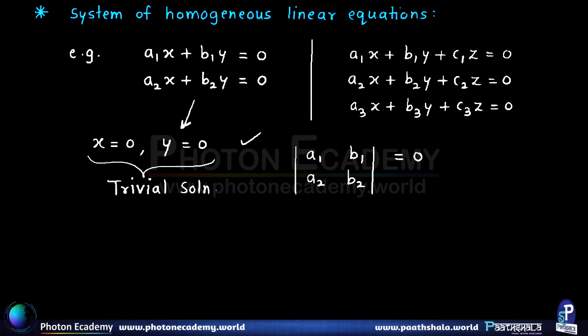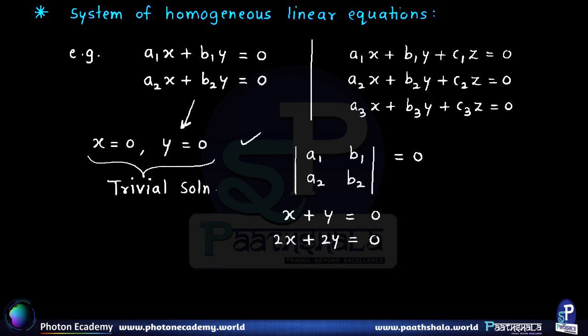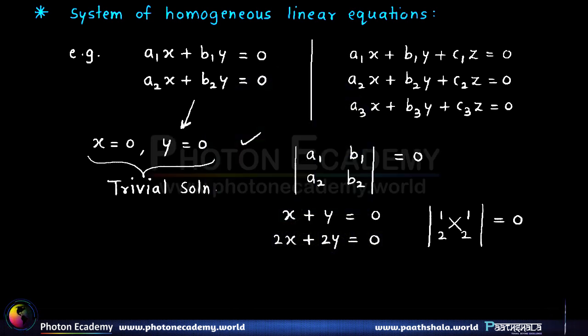That is, if we take an example that, say, the first equation is x plus y equal to 0 and the second equation is 2x plus 2y is equal to 0. Now here we will observe that if we form the coefficients determinant, that is 1, 1, 2, 2, obviously both the cross multiplications are going to give us 2, so therefore that determinant is going to be equal to 0.